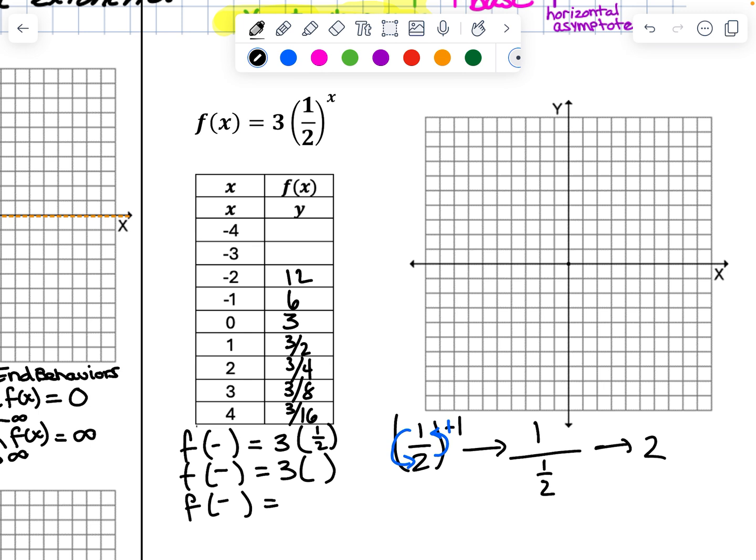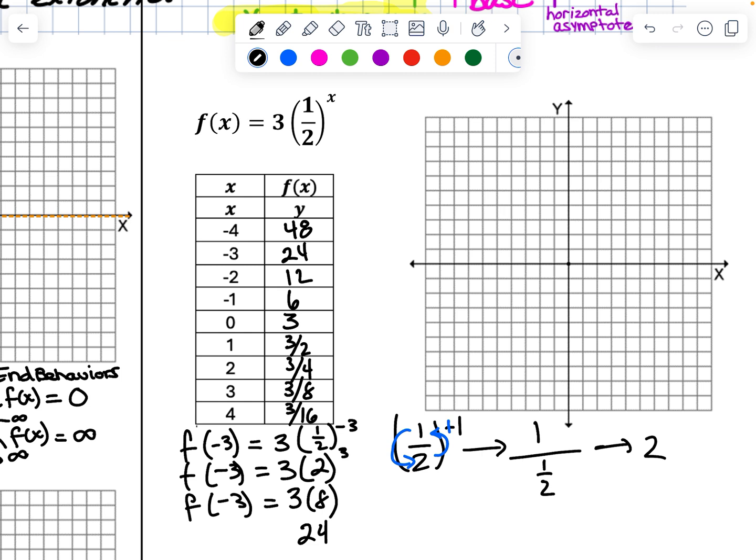If the power is -3, that makes this 2 to the 3rd, which makes this 8, which makes this 24. And then this would be 48. So -4 or 48 is going to be hard to graph.